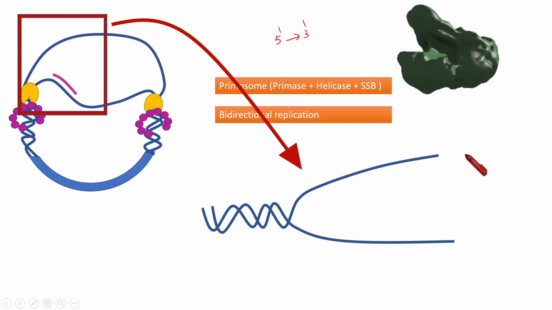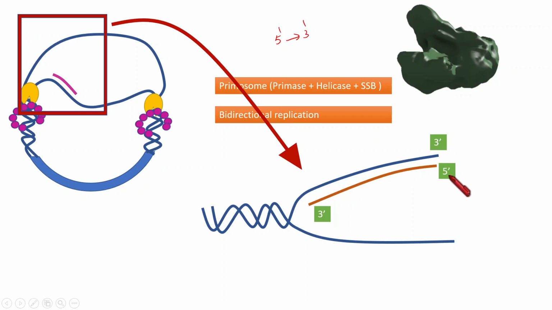Okay, then take the case of this template strand. Its end is 3'. So, this DNA polymerase enzyme synthesizes the daughter strand in the 5' to 3' direction. There is no problem. The orientation is correct, and that daughter strand can be formed continuously with a sequence complementary to that of the template strand.